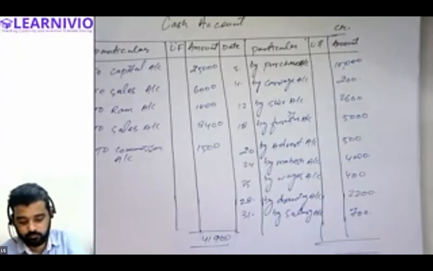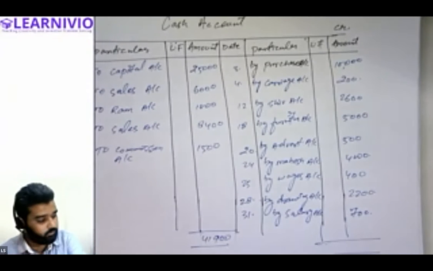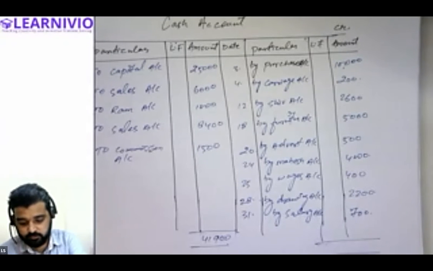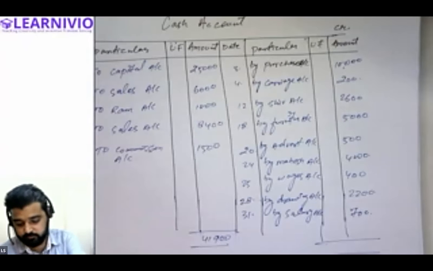I'll just check again. 10,000 plus 200 plus 2,600 plus 5,000 plus 500 plus 4,000, then plus 400, then 2,200 plus 700.